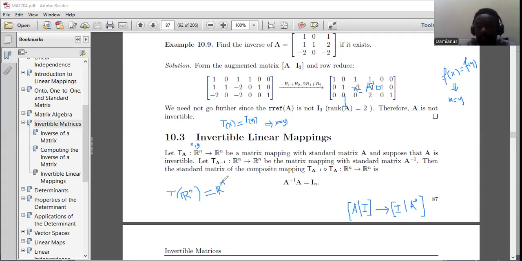Okay? Now let me show you an example of these two situations by even just looking at them. I'm giving you examples just off the cuff. So I pick T, I send it from R3 to R3.